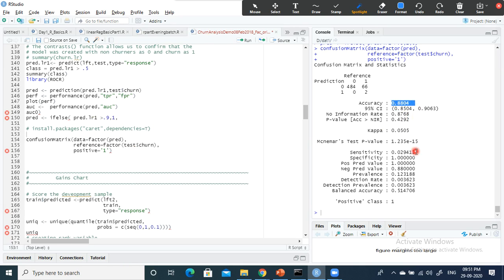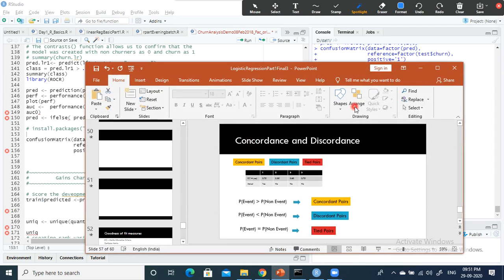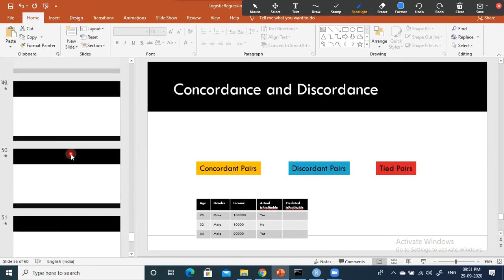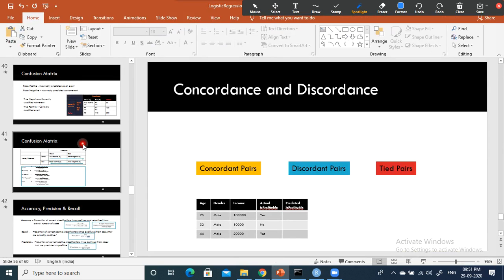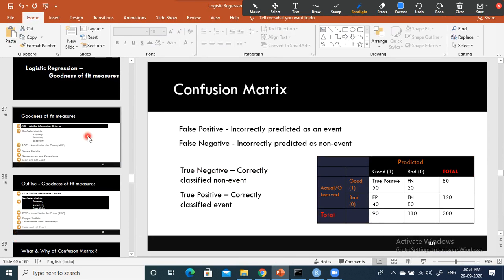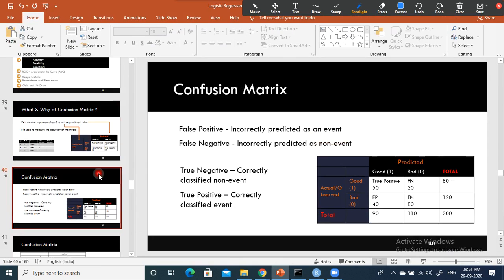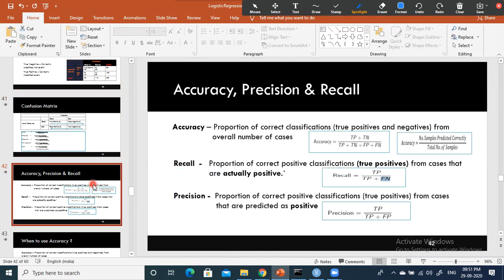You understood? If the data is imbalanced, you cannot rely on accuracy. I quoted that one also, right, in the goodness of fit measure.